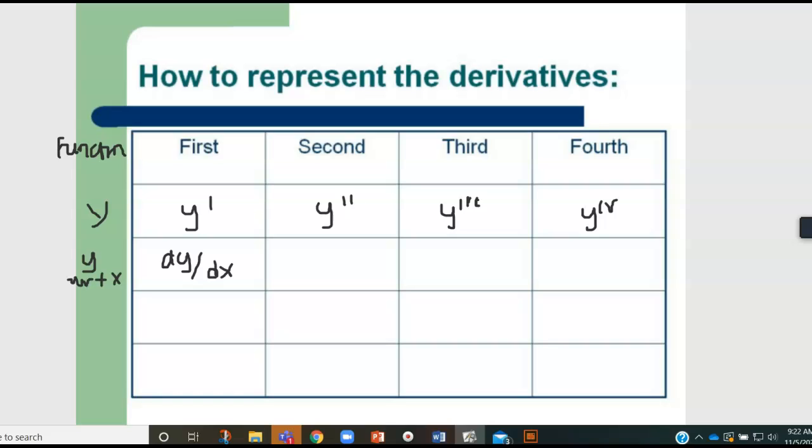The second derivative is d2y, for the derivative twice with respect to variable x twice. So you get dx squared. Then you have d cubed y, dx cubed, and so on and so forth.